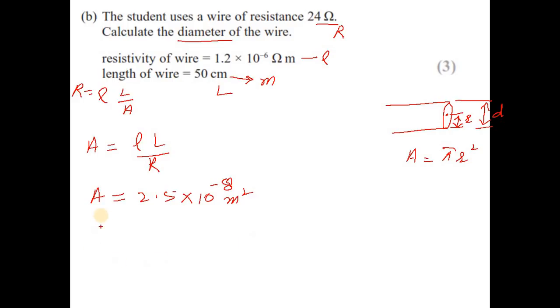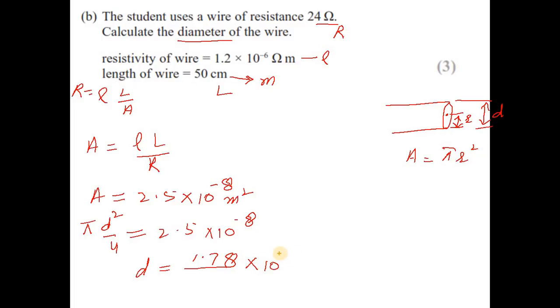Or you can directly write A as pi d square by 4 equal to that number, and do your maths to figure out the diameter directly. I guess the diameter will be 1.78 × 10 raised to the power minus 4 meter. This is the diameter of the wire.